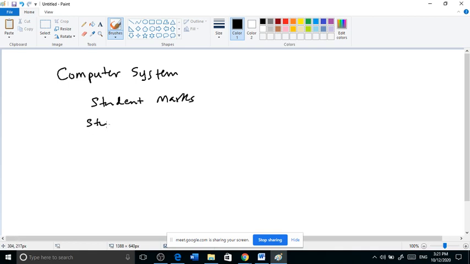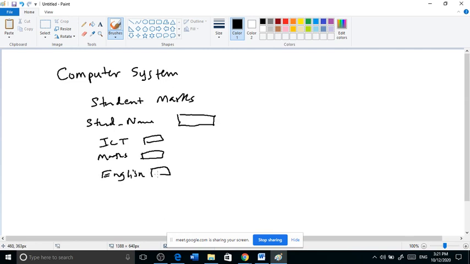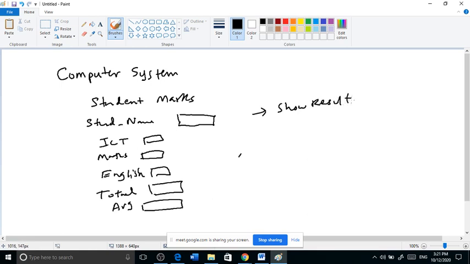Student name, so you have to input. Then ICT marks you have to input, maths you have to input, English, then that one you have to input, then you have to take the total, average, and finally show the result.